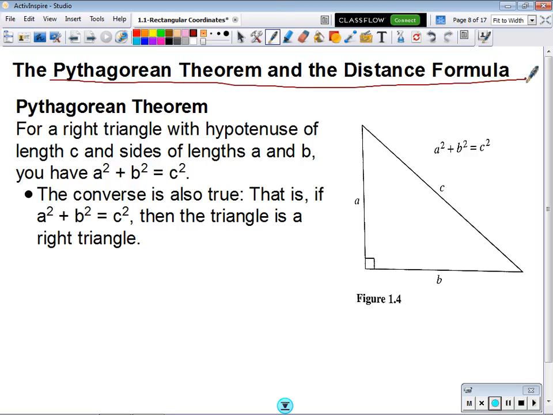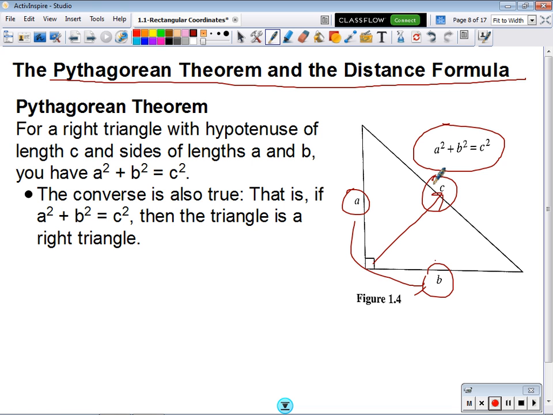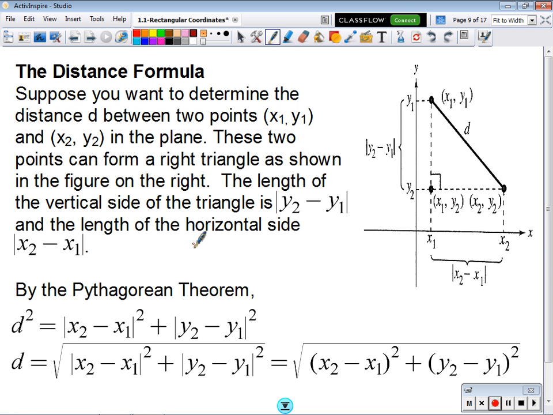If you recall the Pythagorean theorem, for a right triangle, we know that a squared plus b squared equals c squared, meaning that the square of one leg of a triangle plus the square of another leg is always equal to the hypotenuse squared. This walks you through a little bit of where the distance formula comes from in regards to the Pythagorean theorem.